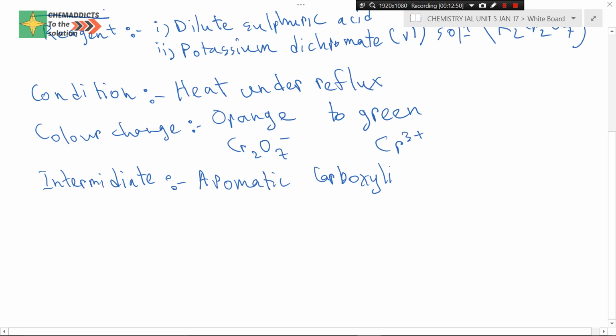So in here we are going to get benzoic acid.